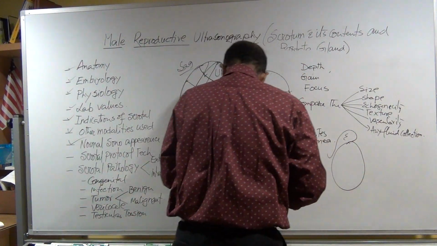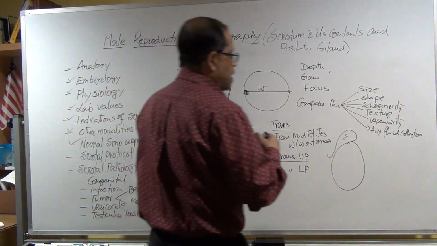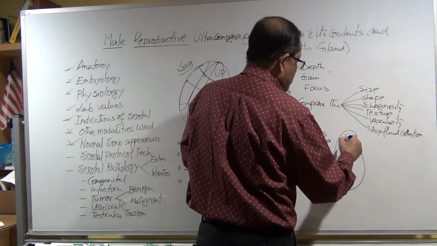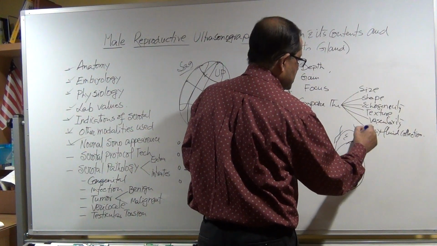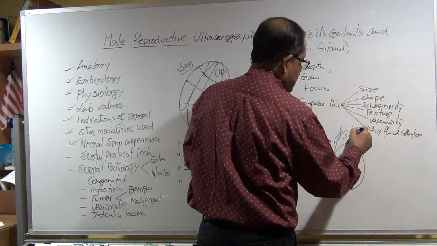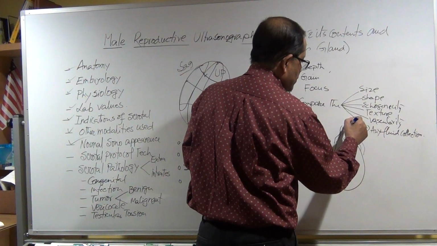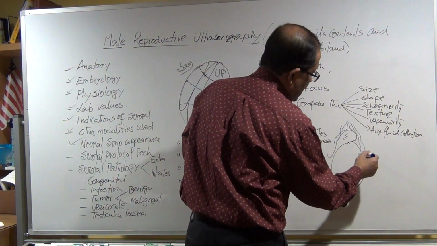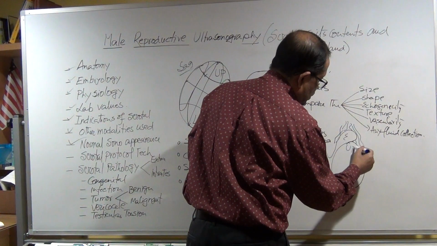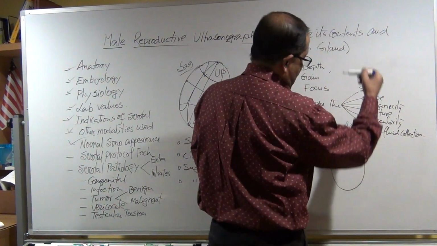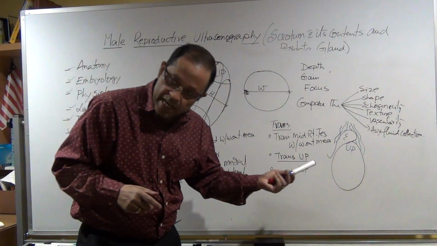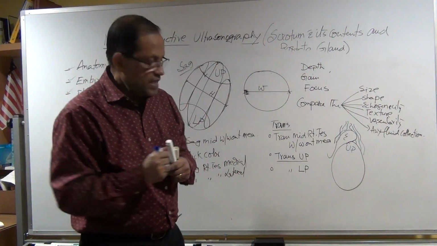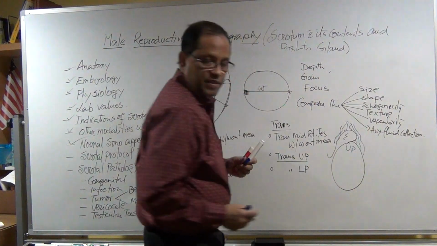If there is pampiniform plexus, the pampiniform plexus is here. It goes along with the upper pole. Just go above the upper pole, you will see the pampiniform plexus. If there is a varicocele, then you will see it is dilated.